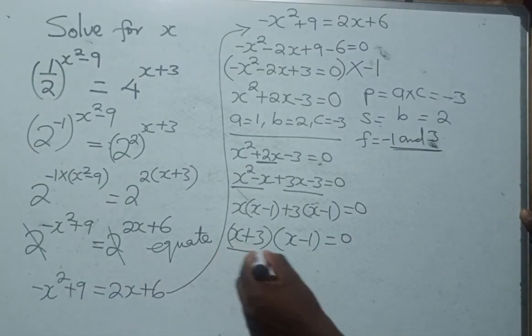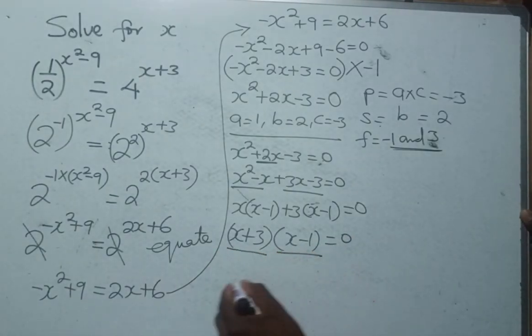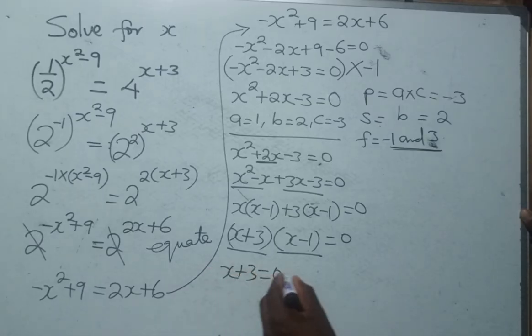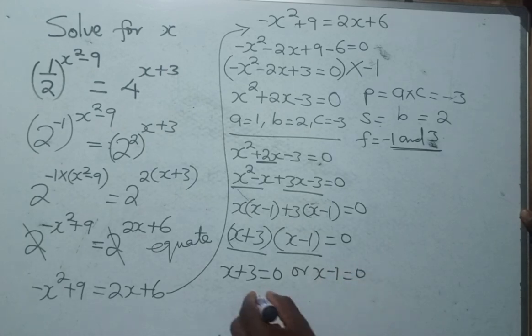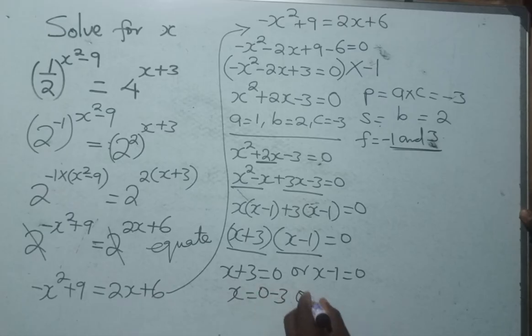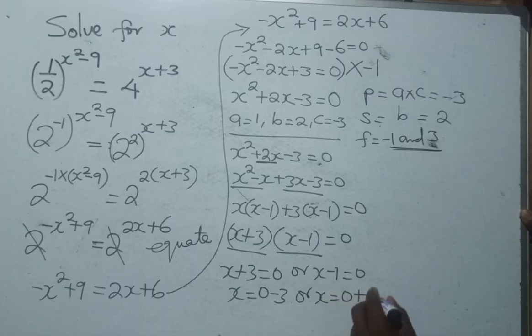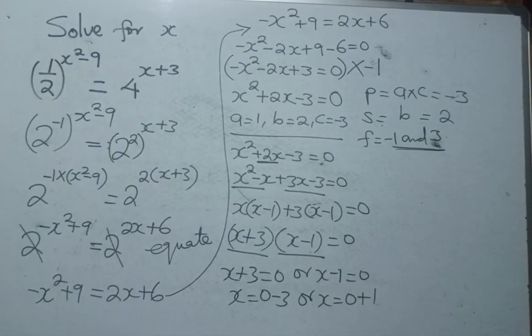Therefore, we are going to equate this one to 0 and this one to 0. So we shall have x + 3 = 0 or x − 1 = 0. Then x = 0 − 3 or x = 0 + 1.